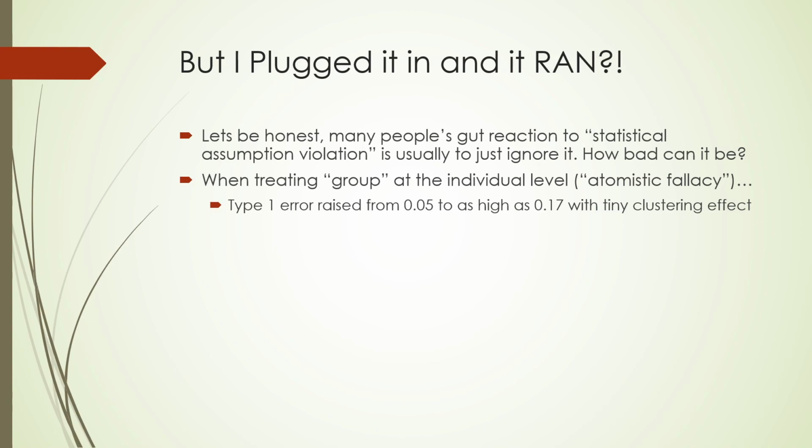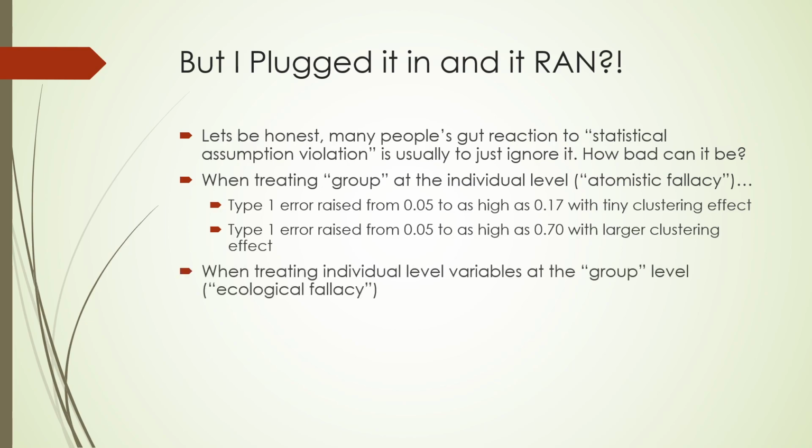Now, if the cluster effect is major, I'm still comparing to the 0.05 cutoff for all my p-values, but in that case, my error can be as high as 70% with a large clustering effect. So my error rate is drastically raised. And again, it looks like, because all my p-values are being compared to 0.05, that this isn't an error, but in fact, my error rate is drastically higher.